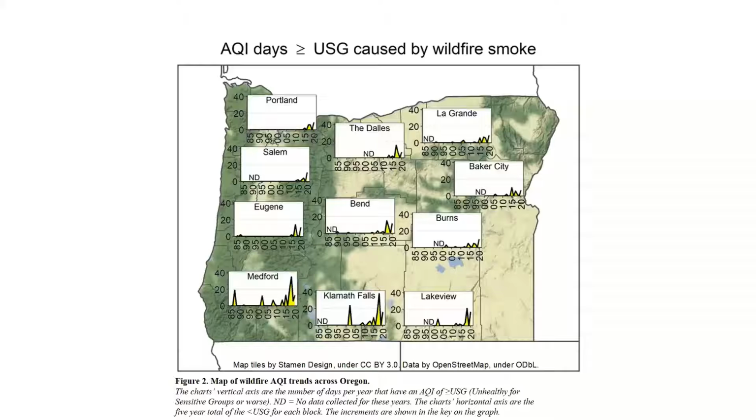Unhealthy then is 151 to 200 on the range that we use for everybody, or 55 to 150 micrograms. Very unhealthy is up to 300 on the air quality index range, or up to 250 micrograms. But anything over that into hazardous is over 300 on the air quality index range, or greater than 250 micrograms per cubic meter. So they start kind of evening out a little bit. But we'll get into that here in a little bit. All right, next slide.